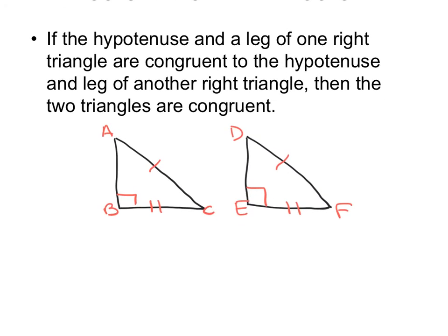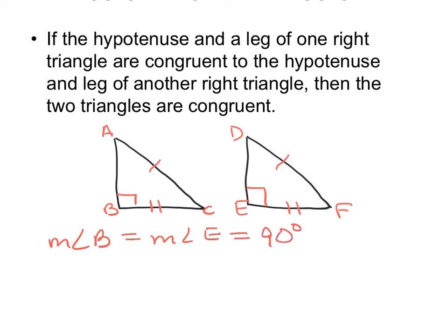Now let's go through and state what we need to in order to prove this with hypotenuse leg. The first thing we would need to state is that the measure of angle B equals the measure of angle E, which equals 90 degrees.